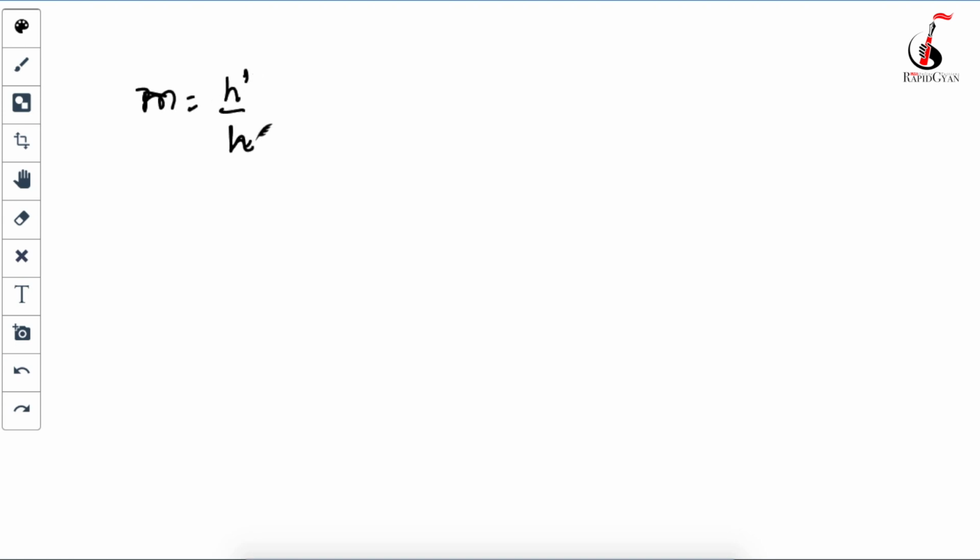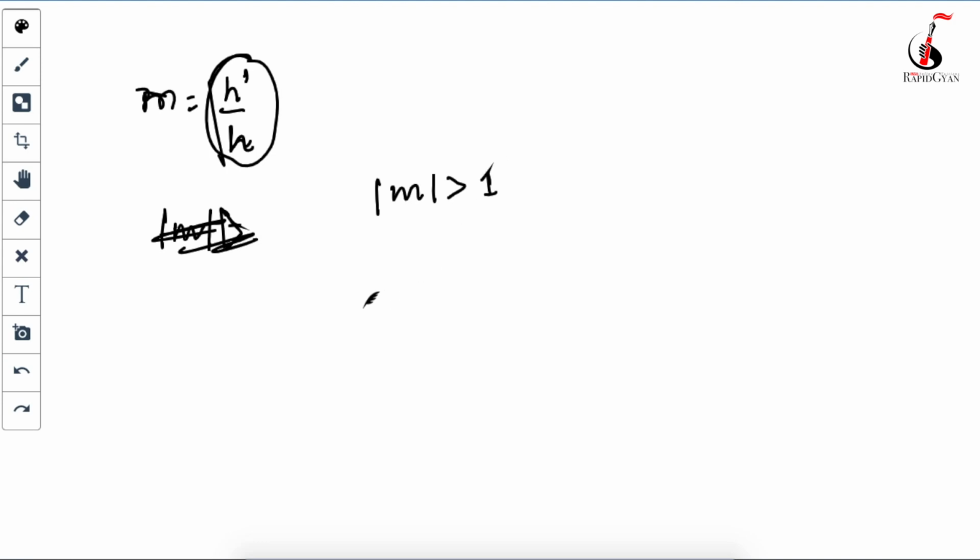Just remember one thing: if the modulus of m is greater than 1, it means h dash will always be greater than h, which means the height of the image will always be greater than the height of the object.